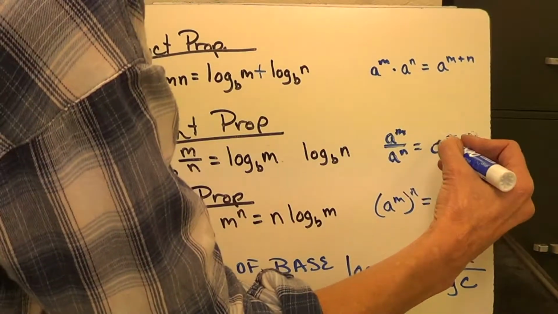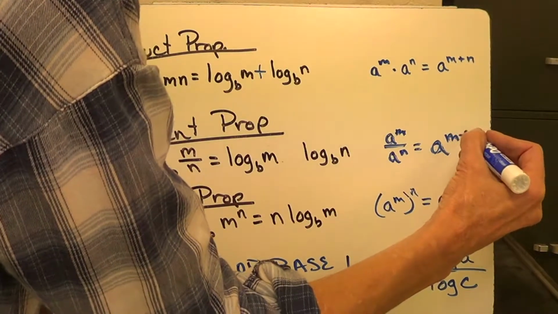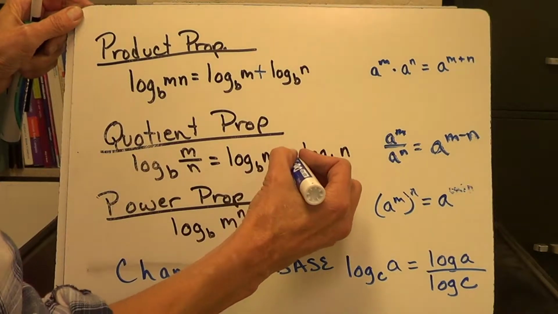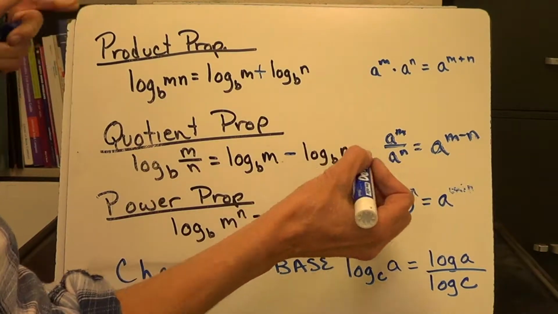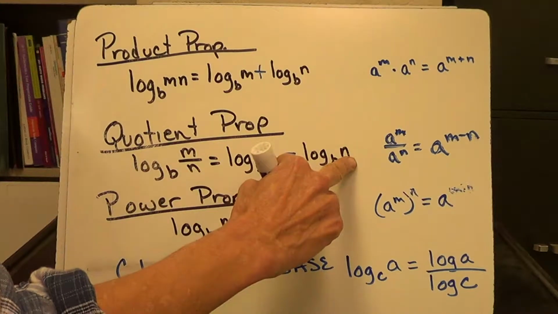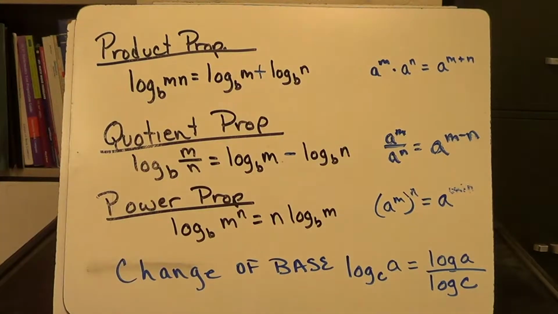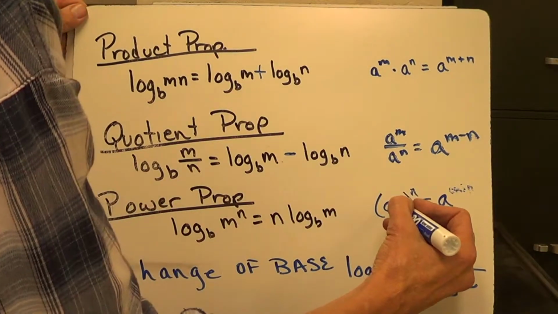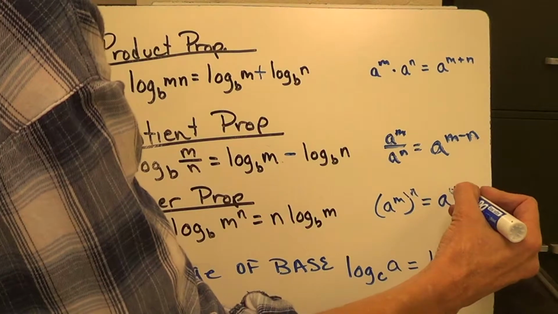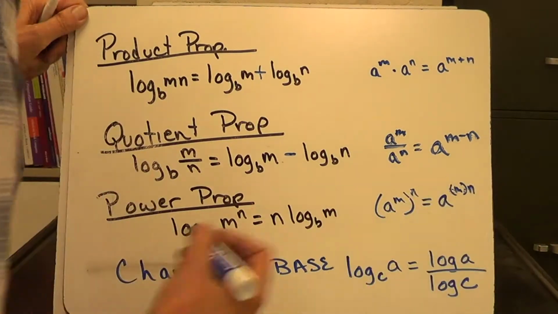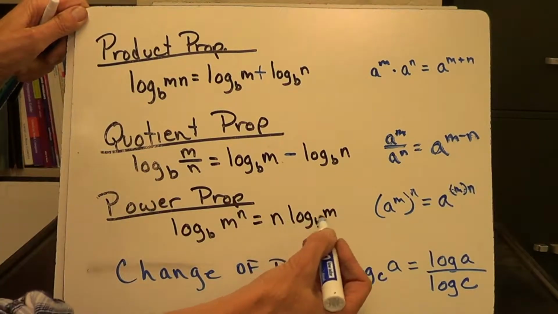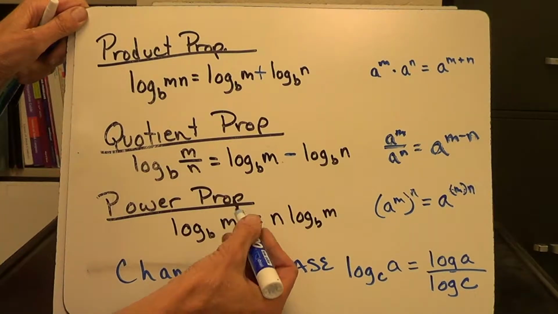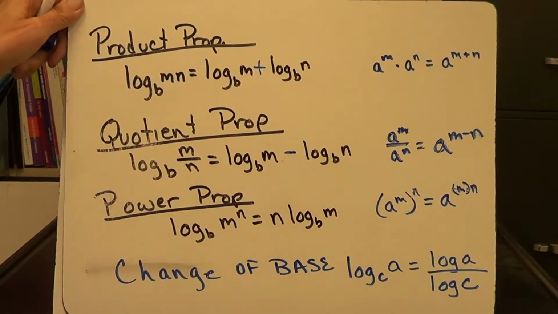Same base, you just subtracted m minus n. So in logs, if you have log base b of m minus log base b of n, same bases, you can take those numbers and just divide them. Power property, same thing over here. When you had a to the m raised to the n, it was a to the m times n. Same thing here with logs. If you have a number out in front of the log, you can just take that log value and raise it to the n.